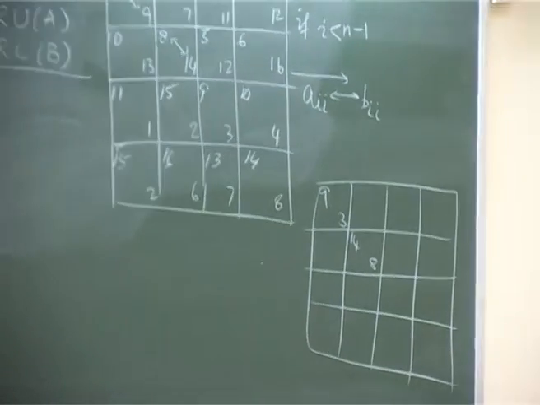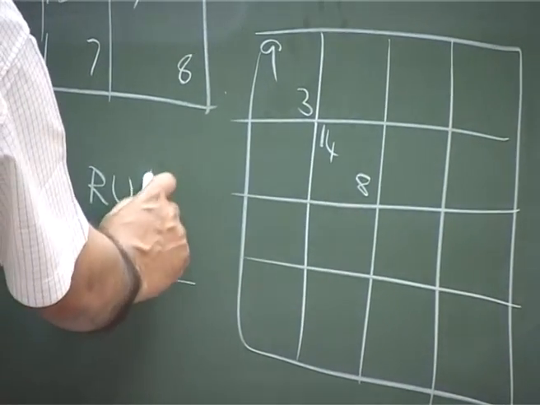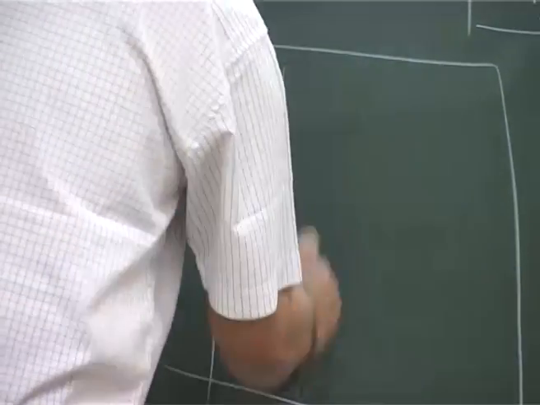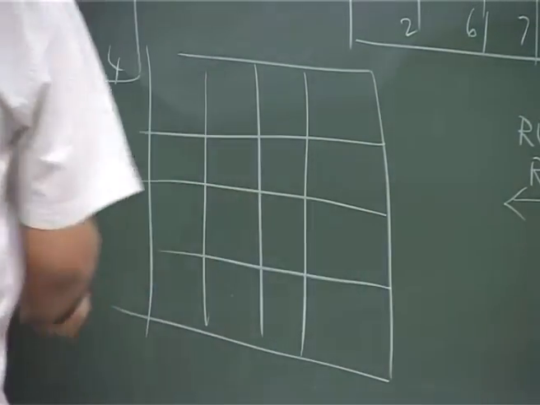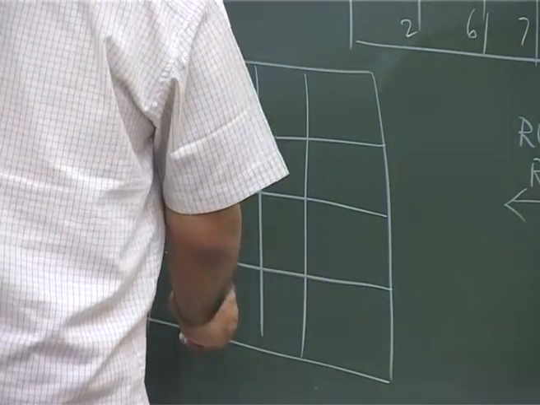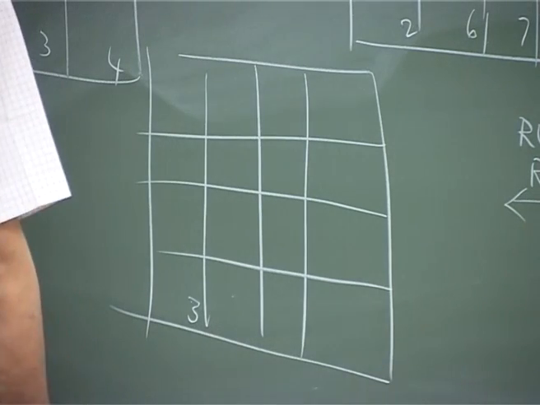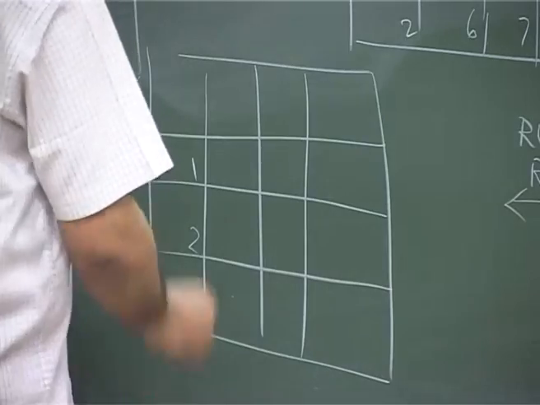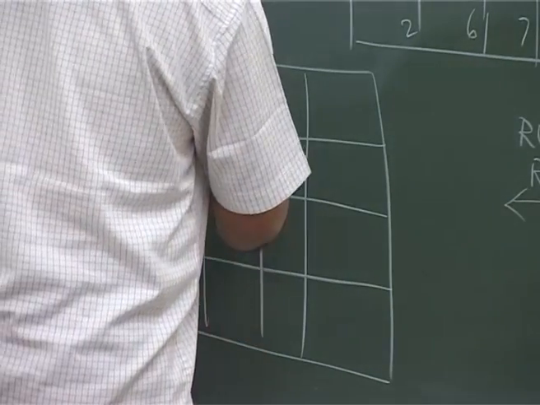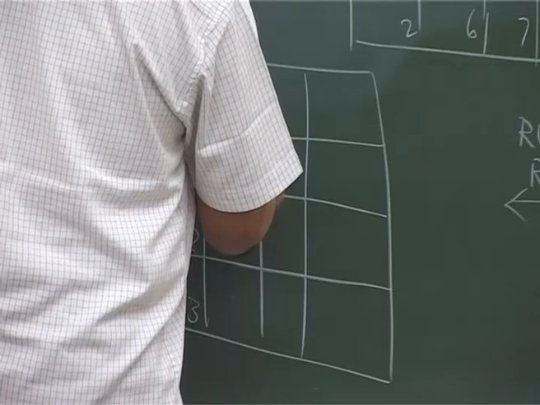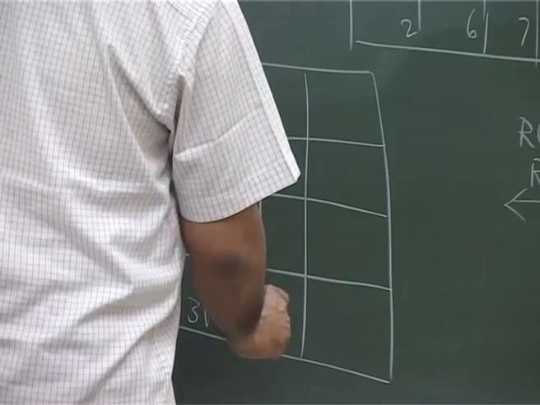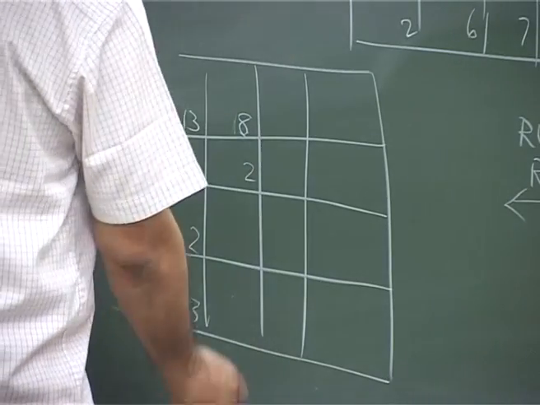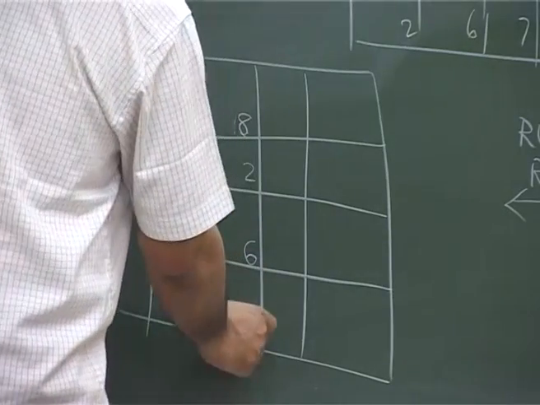Is it okay? So again you do the rotate up A, rotate left B. So 3 will be here, 2 will be here, 1 will be here, 13 will come here, 8 will come here, and 2 here, 6 here, and 7 is here.